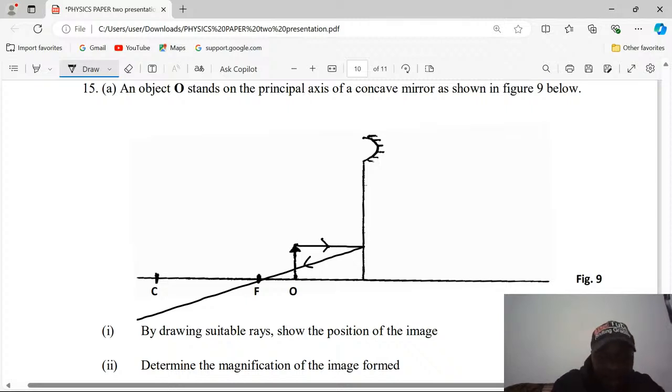There is another ray, which goes through C. If a ray goes through C, the center of curvature, it is reflected through the same path. So if a ray goes to the mirror through C, it goes back through the same path.